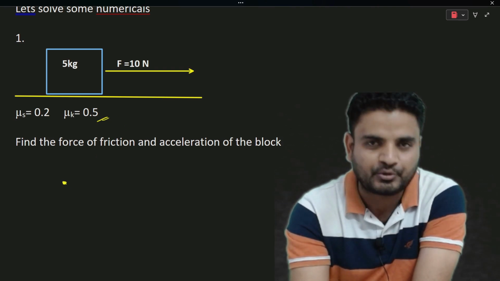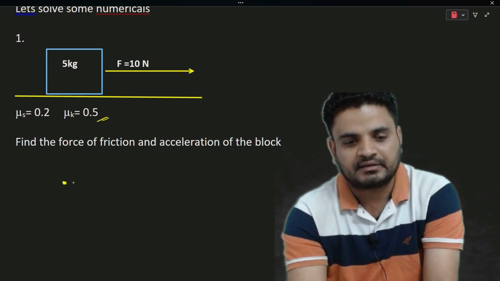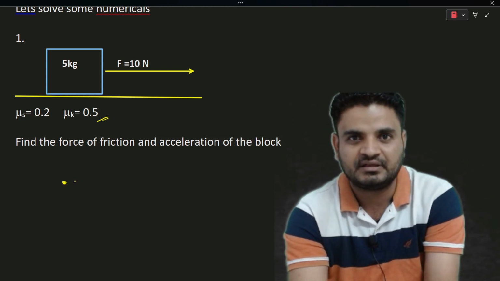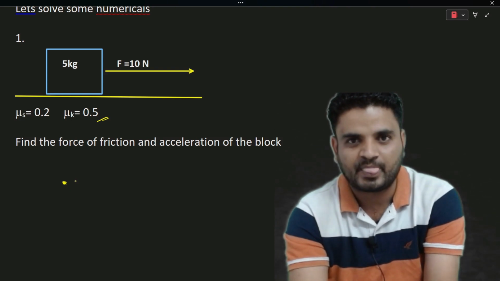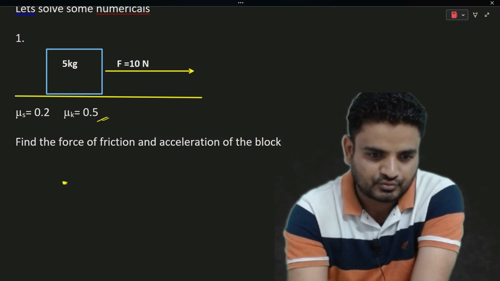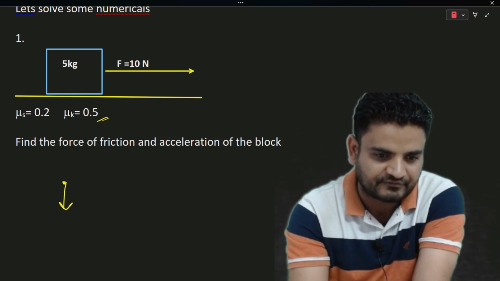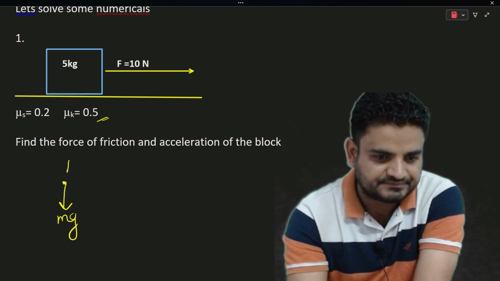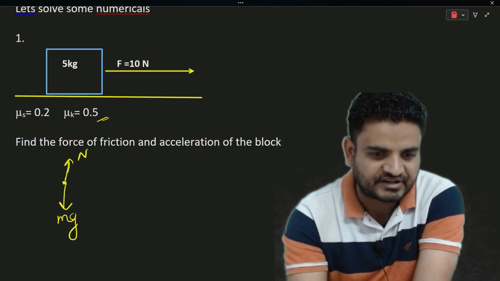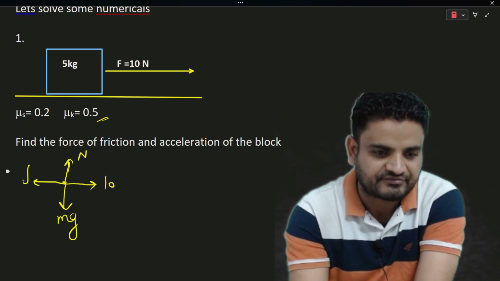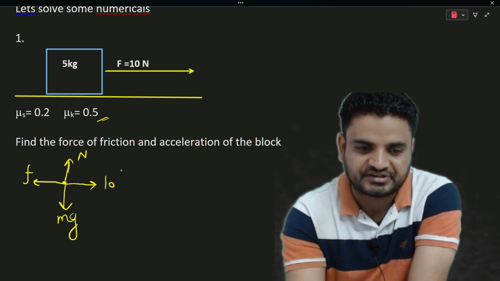Free body diagram means we treat the body as a point object and draw all the forces which act on the block. So on this block there is a downward force, mg, and an upward normal force, on this side a 10 Newton external force, and on the opposite side there is friction. So we have to find the friction force.